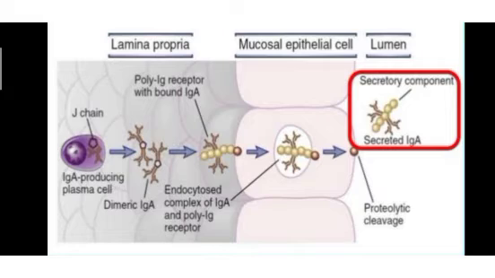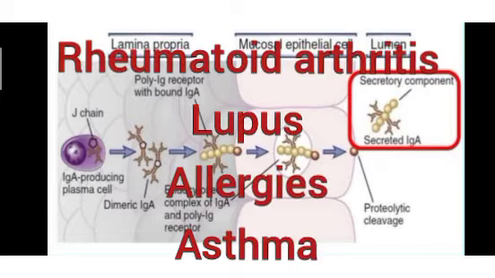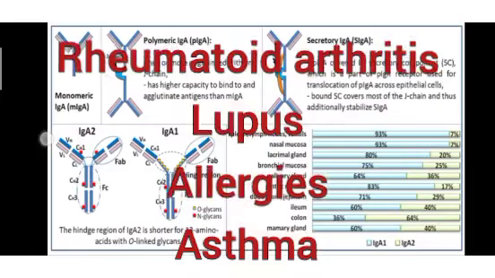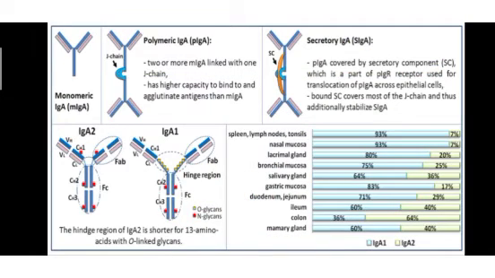When the body does not have sufficient quantities of IgA, the person may be diagnosed with selective IgA deficiency. And patients who suffer from selective IgA deficiency are more prone to autoimmune disorders like rheumatoid arthritis, lupus, allergies, and asthma.